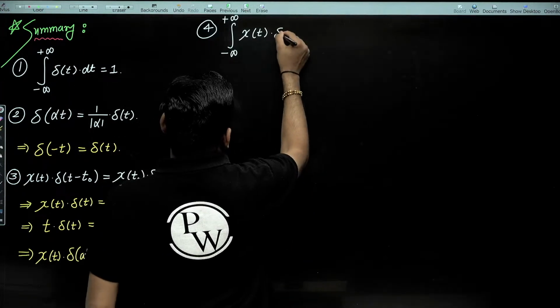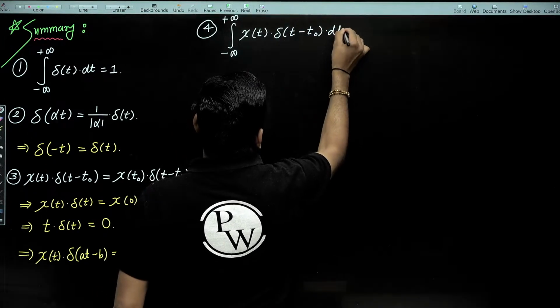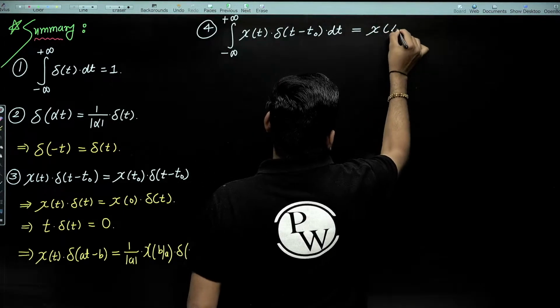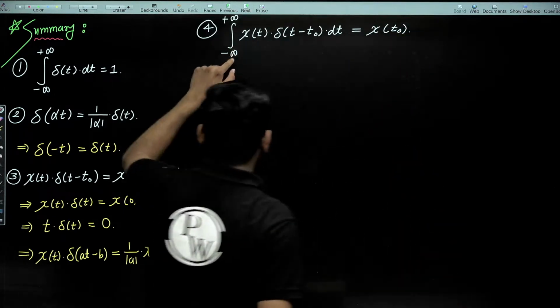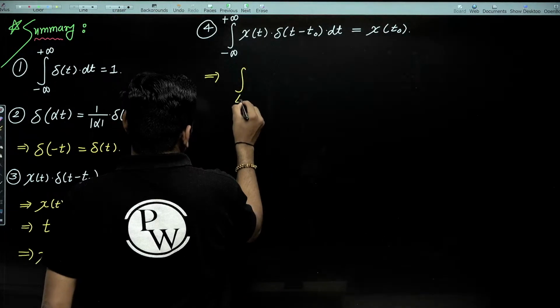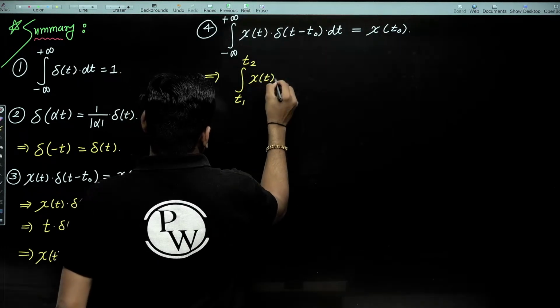Here, in the integral of x del t minus t naught dt, this t naught you have to put here, then it will be x of t naught always. Here the integration limit is minus infinite to plus infinite. But if the integration is from T1 to T2, then what would be your answer, guys?